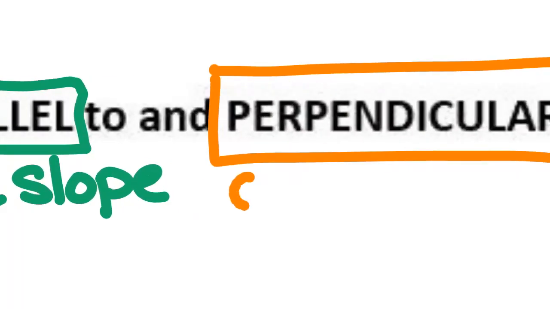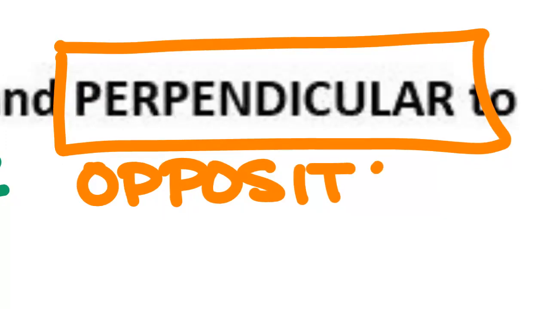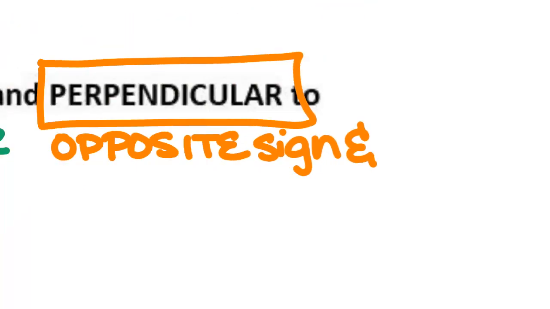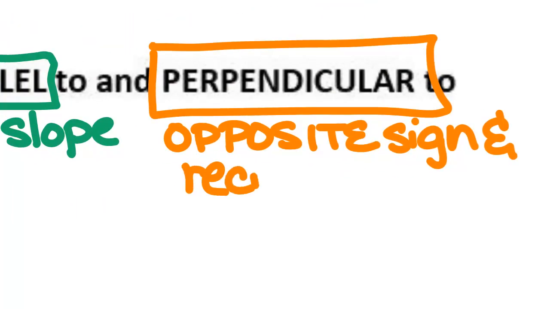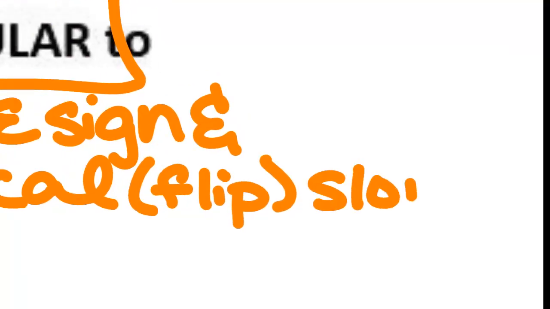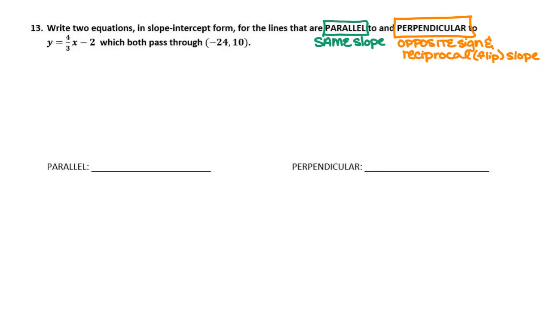And perpendicular means that I'm going to have the opposite sign and the reciprocal. So we're going to flip the fraction. So I'm going to divide my page into two parts. One side for parallel, one side for perpendicular.